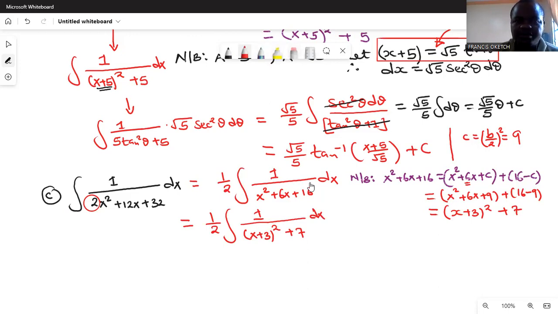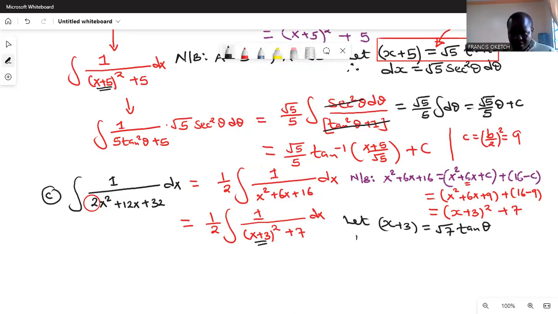Here a squared is equal to 7. So what is a? In this case, you let, not x, but now you see it is x plus 3. So I'm going to let x plus 3, the whole of that bracket, be equal to root 7 tan theta.